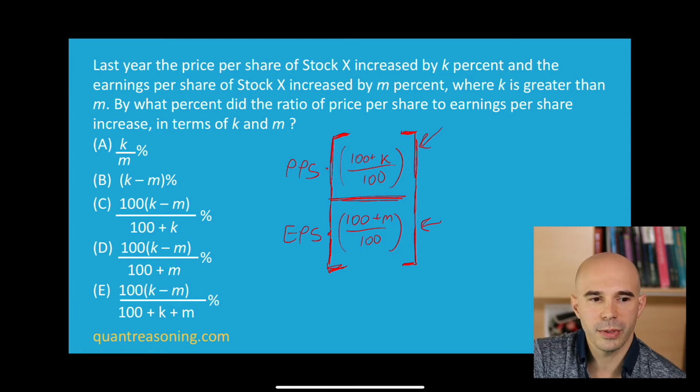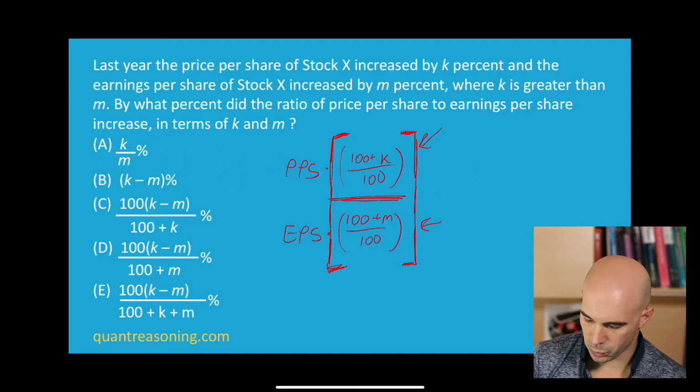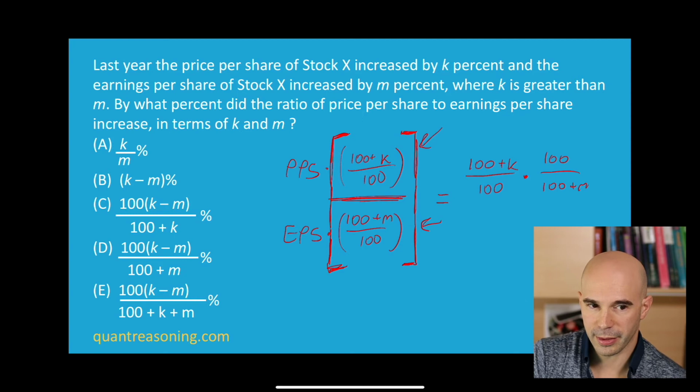The denominator will end up being 100 plus m no matter what. And let me just take us one step into this to help us see that. The first step we would do to simplify this is we would multiply by the reciprocal of the denominator, like that. And then let's not forget what we were going to do next is multiply by 100 and then subtract 100.